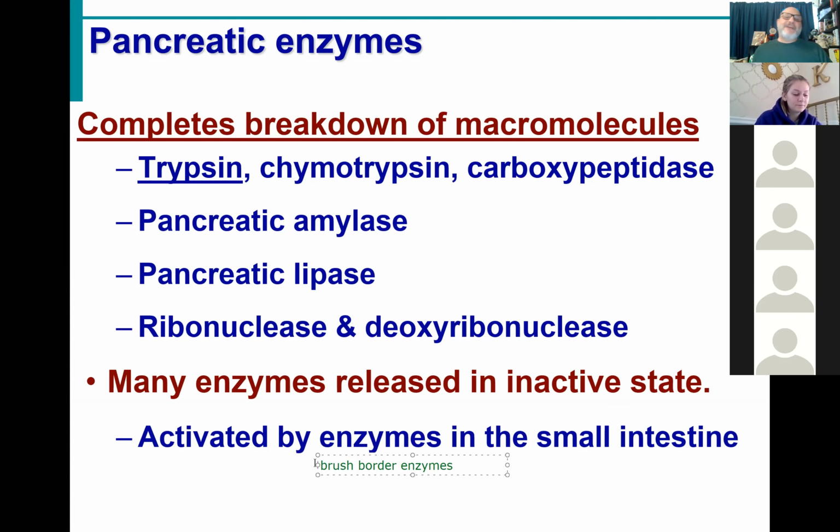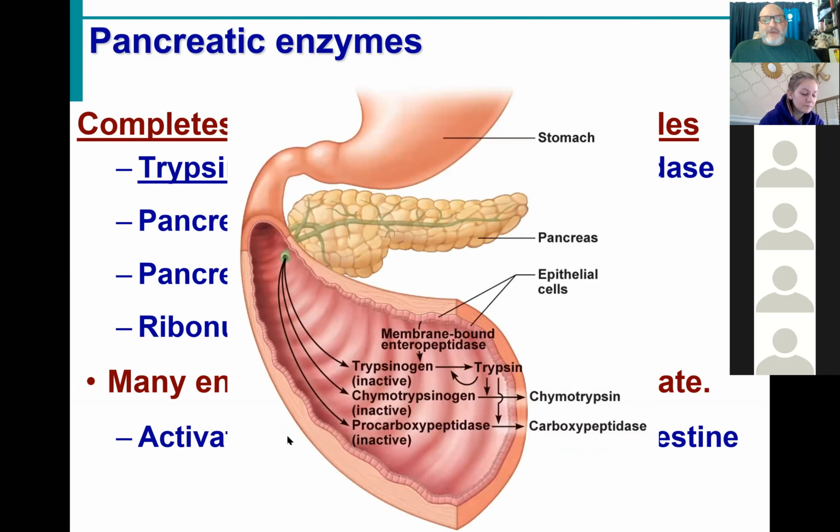Now, your book actually does a really nice job of showing one of these pathways. I'm not going to hold you responsible for these pathways, but I just want you to see how this works. So for instance, our pancreas releases trypsin in its inactive form, trypsinogen.